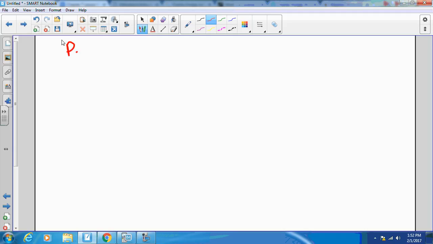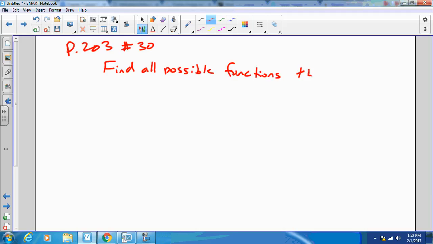Actually, let's do 30. We've already kind of done 32. And the directions are to find all possible functions that satisfy. And then here, number 30, we are told that f prime of x is equal to 2.